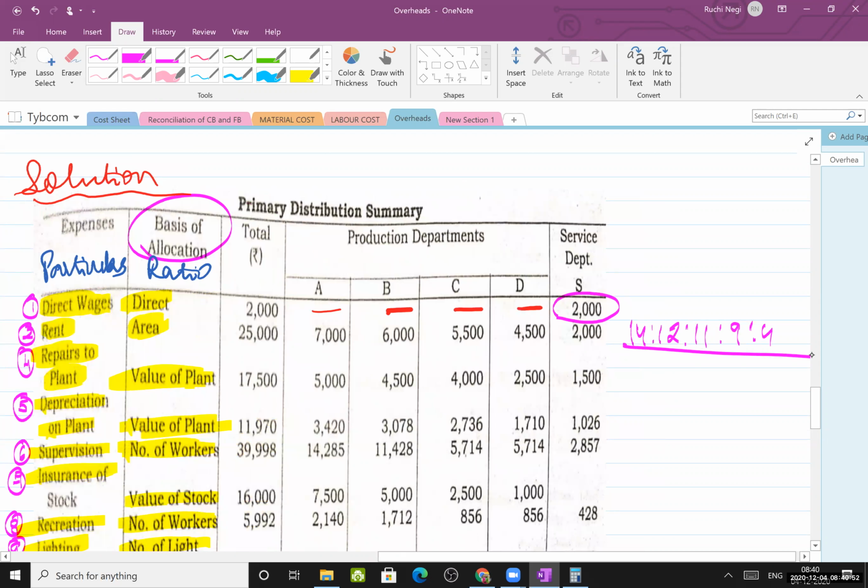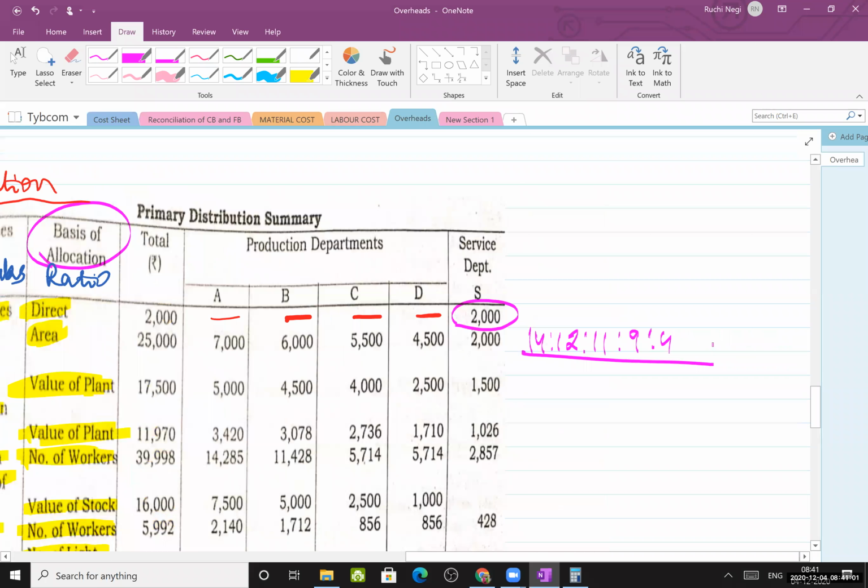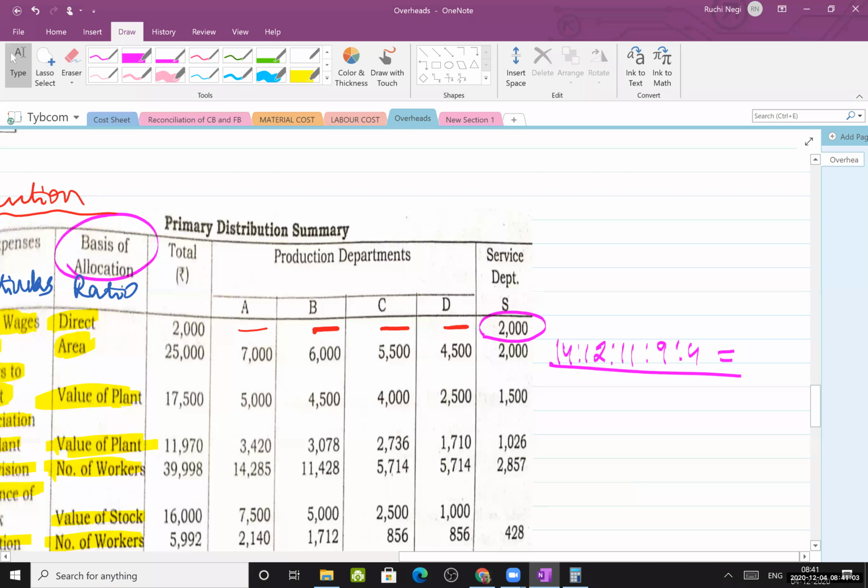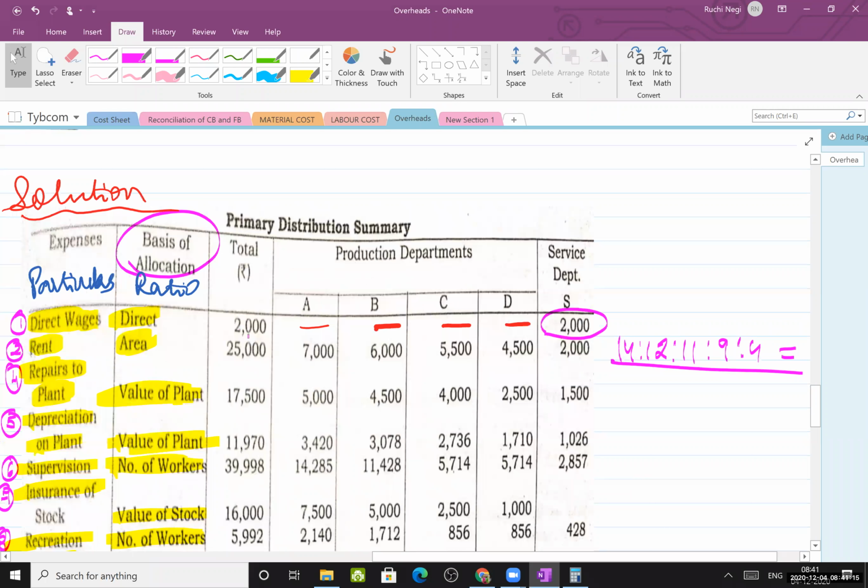ये रहा. So कैलसी पे आप क्या करोगे? ये जो शॉर्टकट टेक्निक मैंने आपको सिखाया था. ओके, जस्ट टोटल दिस. ये रेशियो को टोटल करो. 14 plus 12 plus 11 plus 9 plus 4. So the total is 50. Your denominator is 50. Okay. So what will you do? What is your numerator?